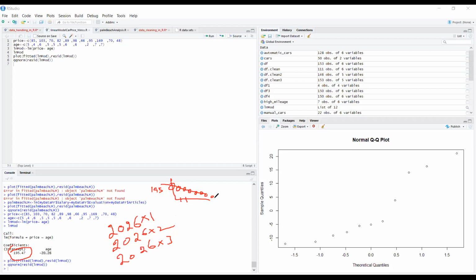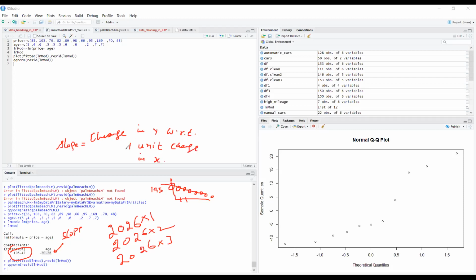So this is an indication of how the price decreases. This is called the slope. And all of you are familiar with what the slope is. Slope indicates the change in y with respect to a 1 unit change in x.